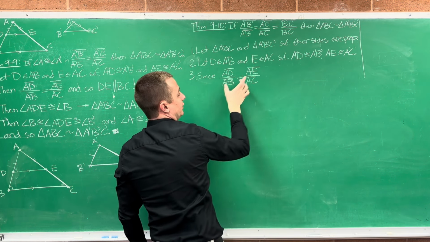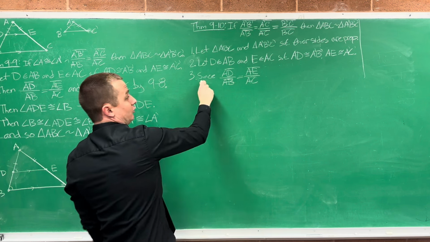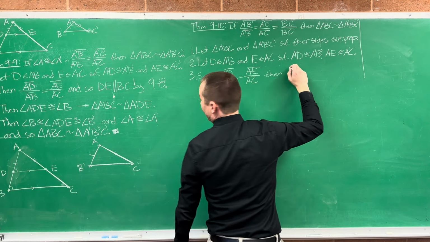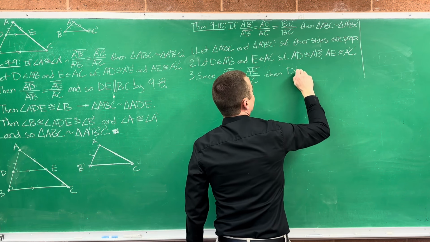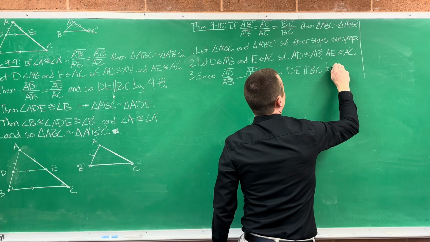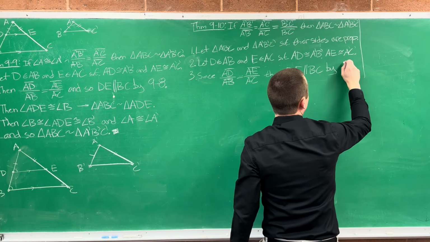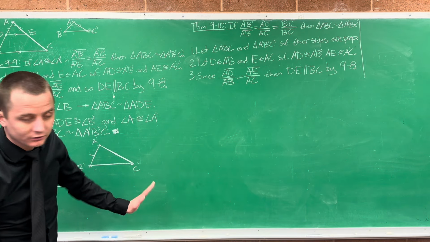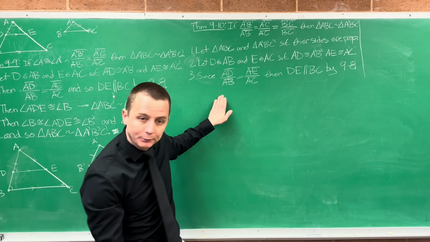So since this is equal to this, I know that's equal to that. So since those ratios are equal, by theorem 9.8, DE is parallel to BC. Just to make it explicit how exactly we knew that those were parallel: it was because of that proportionality.